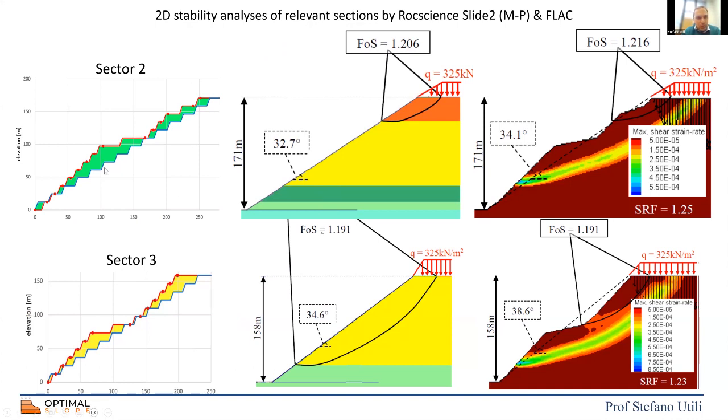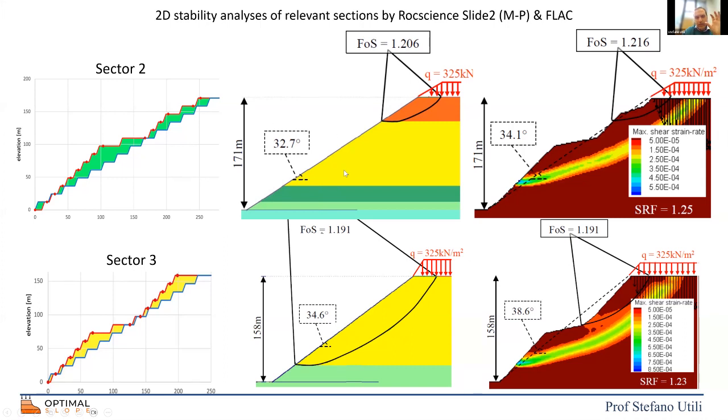So for sector 2, you can see in blue the traditional planar profile, and in red the profile stemming out of the software. And the same for sector 3. This is just to show you.